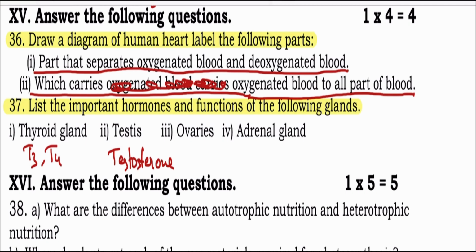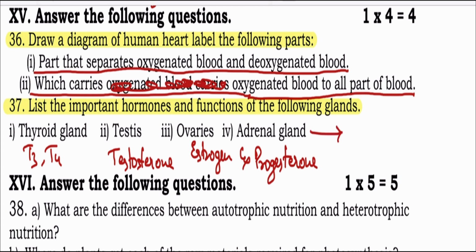and the function is that it promotes the development of male secondary sexual characters such as facial hair and deeper voice. Next, ovaries, hormones are estrogen and progesterone. And the function is estrogen regulates the development of secondary female sexual characters, and progesterone regulates the menstrual cycle.